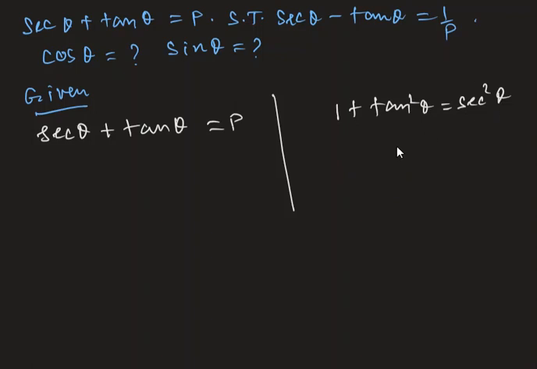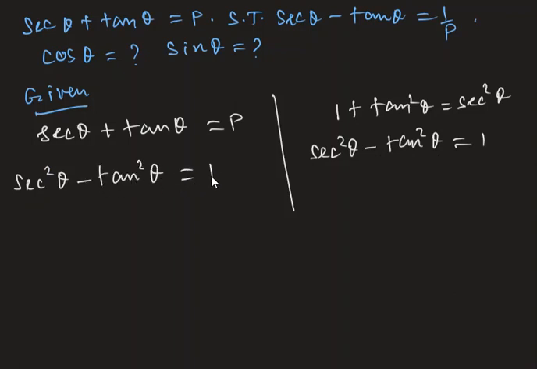Now we can bring this tan squared to the RHS. Therefore, secant squared theta minus tan squared theta is equal to 1. So we can make use of this equation. This is nothing but a squared minus b squared. So we know the algebraic identity, a squared minus b squared is equal to a plus b into a minus b.